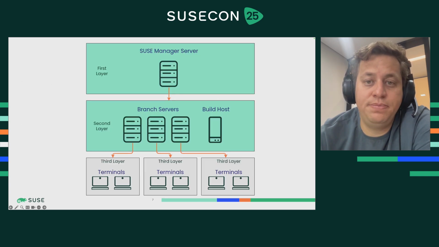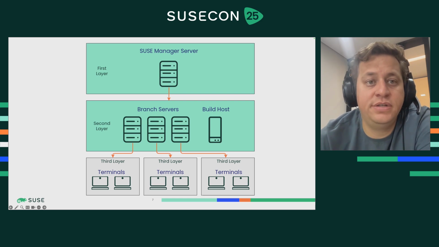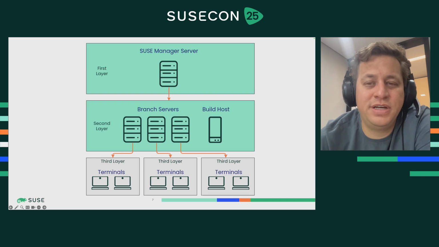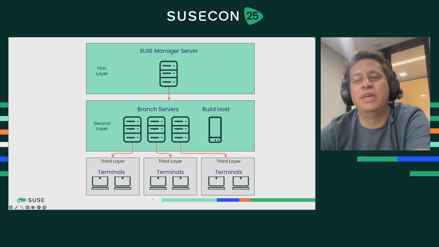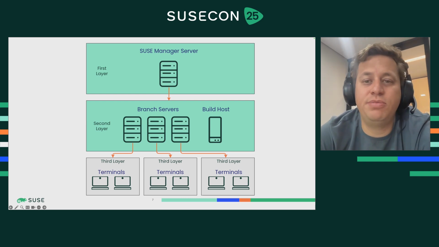This diagram illustrates the architecture of SUSE Manager for Retail. In the first layer, we have the SUSE Manager Server. I'm sorry, this is an old architecture from the SUSE Manager manual. This manager server is responsible for central management.